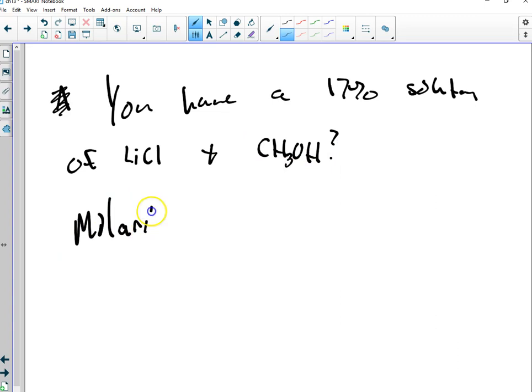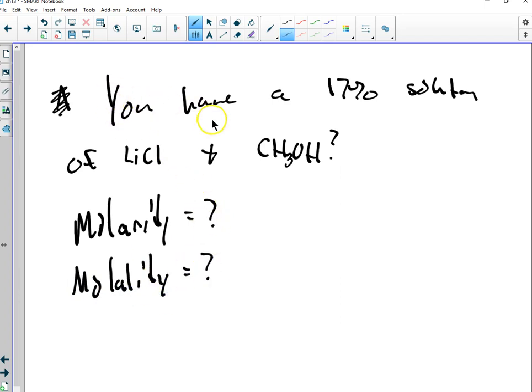Molarity. I need to give you the density still. Molality. And what did I give you for density? Well, it doesn't really matter. I just made it up anyway. 0.91-ish. Okay.